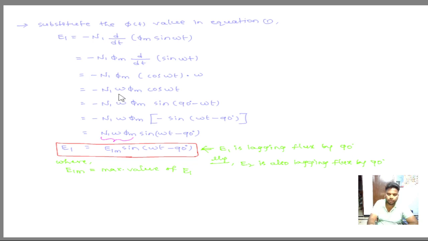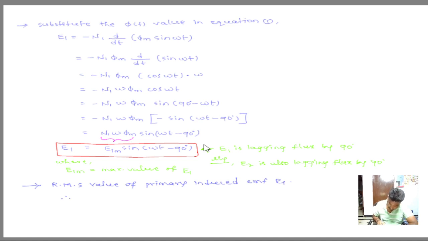But we know that in AC the voltage and current are in RMS values. Then find the RMS value of the primary induced EMF E1.